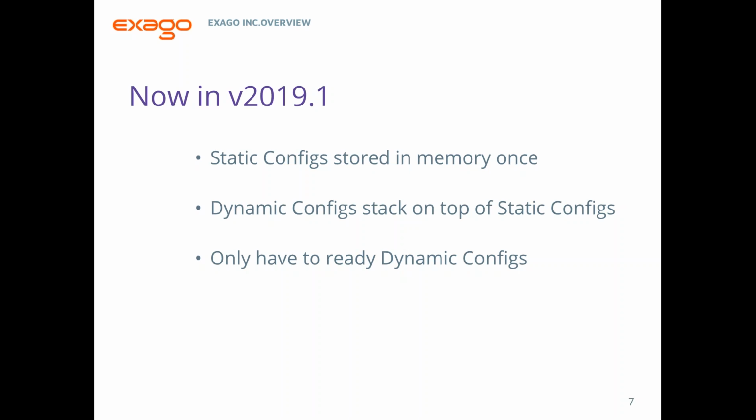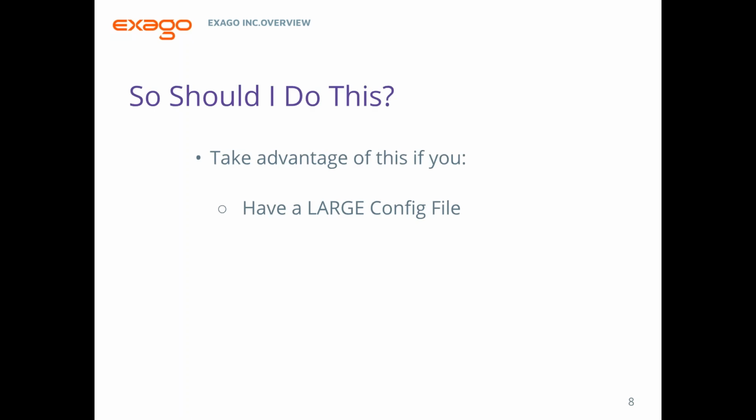Okay, so the question might be, should I use this? My answer here is that you might take advantage of this if you meet a couple of different requirements. One, you have a very large config file. Two, you have multiple config files. So you've set up Exago already so that you have a whole bunch of config files, but each one only has a couple of differences from the others.